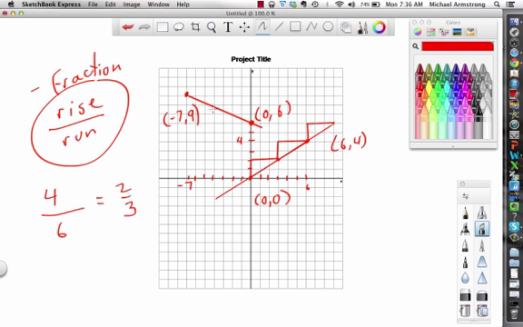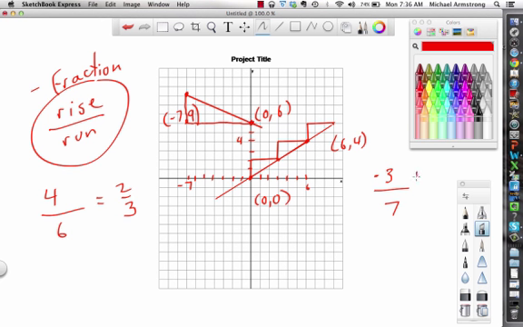And this slope actually drops 3 and runs 7. So it has a drop of 3, which is a negative. We started up here, we go down 3, and we go over 7.